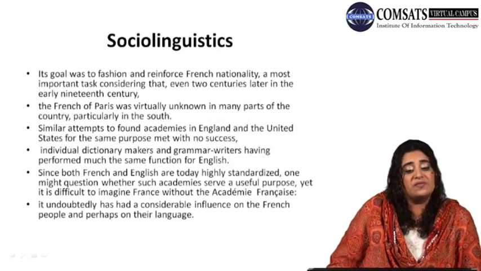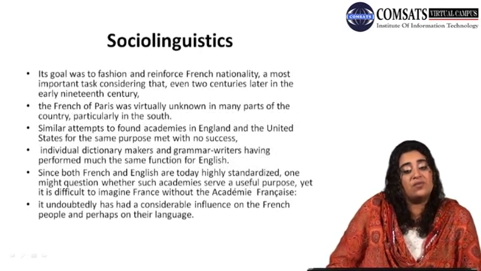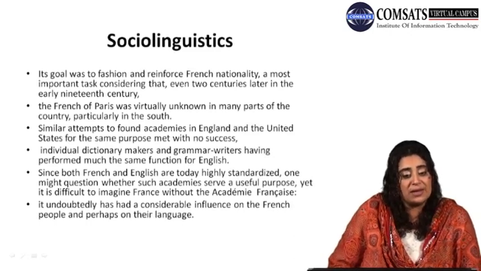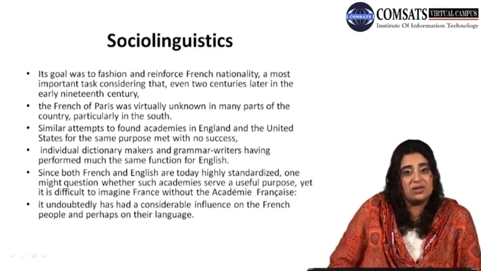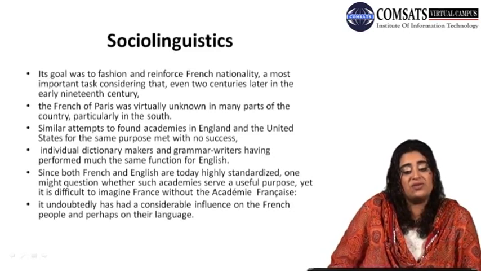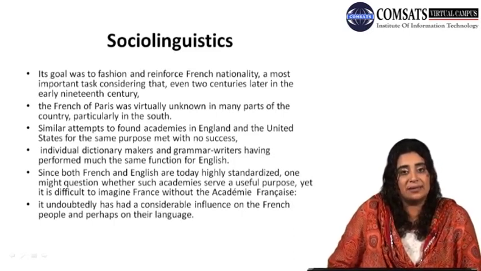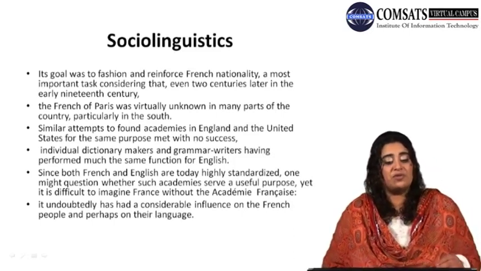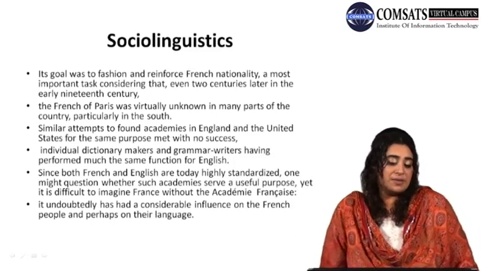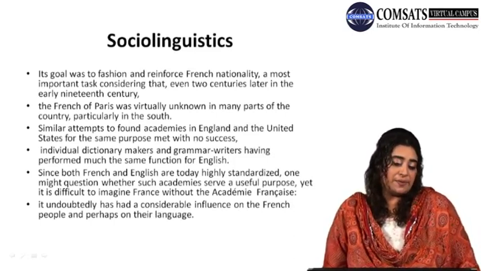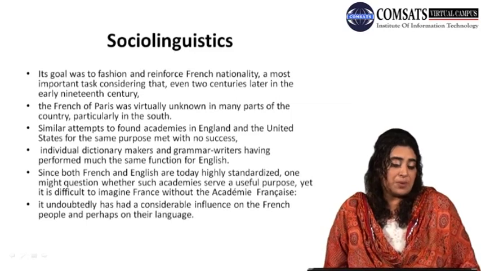So its goal was to fashion and reinforce French nationality, a most important task considering that even 2 centuries later, in the early 19th century, the French of Paris was virtually unknown in many parts of the country, particularly in the south.